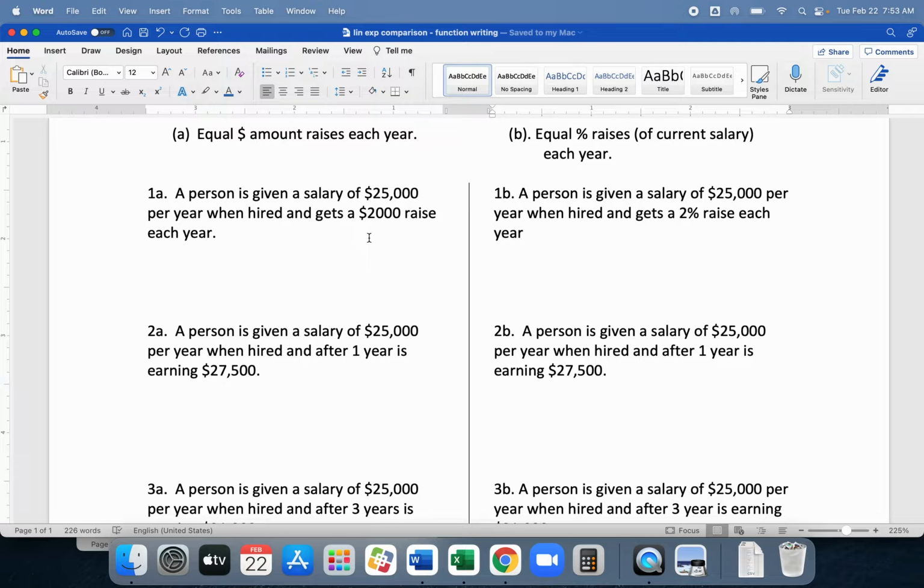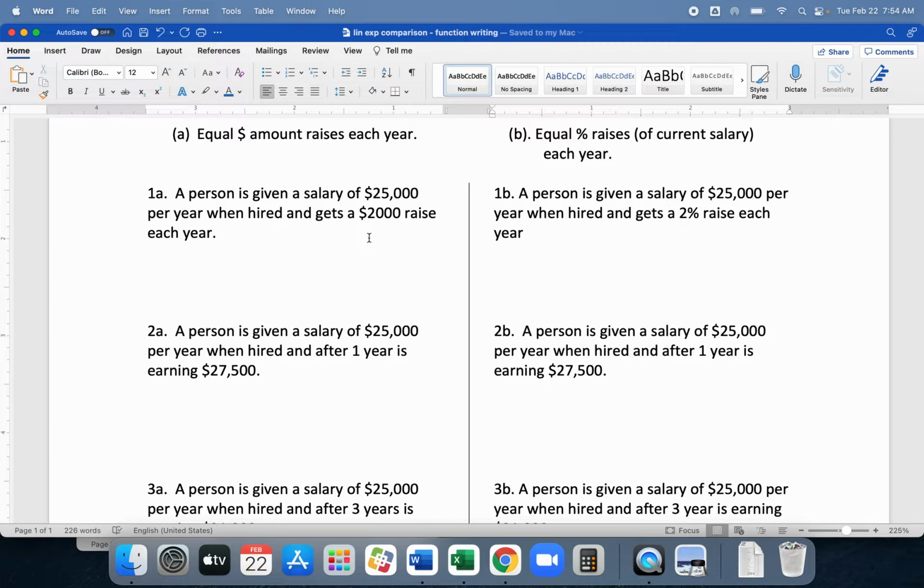Column A is assuming you're getting the same dollar amount, yeah. So some of them have the exact same expression, but column A is under the assumption of equal dollars added each year to your salary.